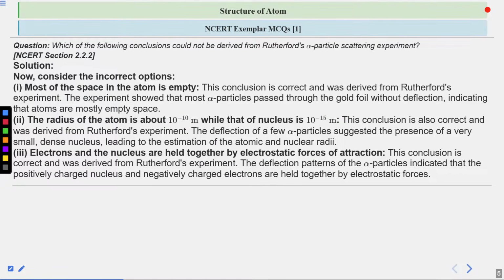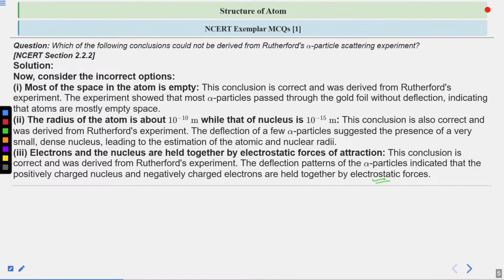And the third one was that the electron and nucleus are held together by the electrostatic force of attraction. This conclusion was also derived from the Rutherford experiment, and the deflection pattern of the alpha particles indicated that there is a positively charged nucleus and negatively charged electrons, held together by the electrostatic force of attraction.